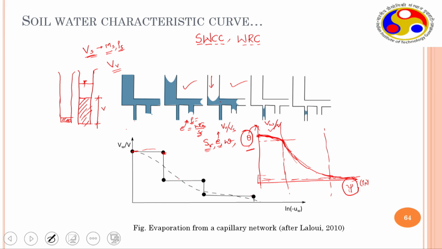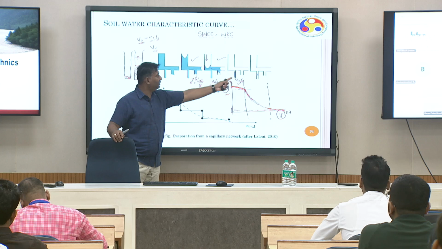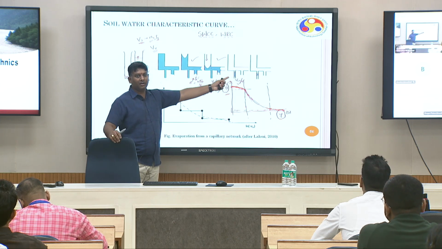Water will be dropped from the largest pore first, correct? The largest pore has lower potential, so water will be dropped from this. If I continue the same thing, water will be dropped here, and then slowly even thinner tubes will give up, right?